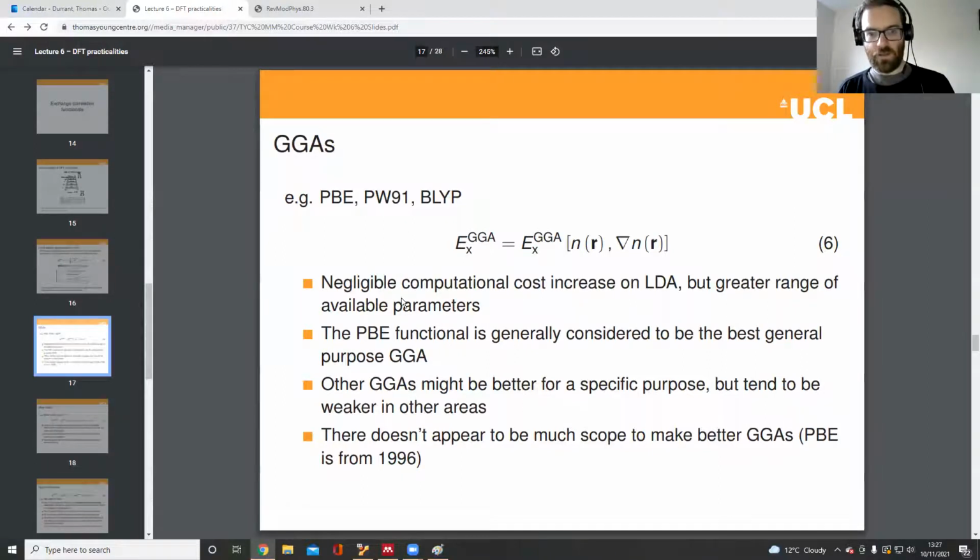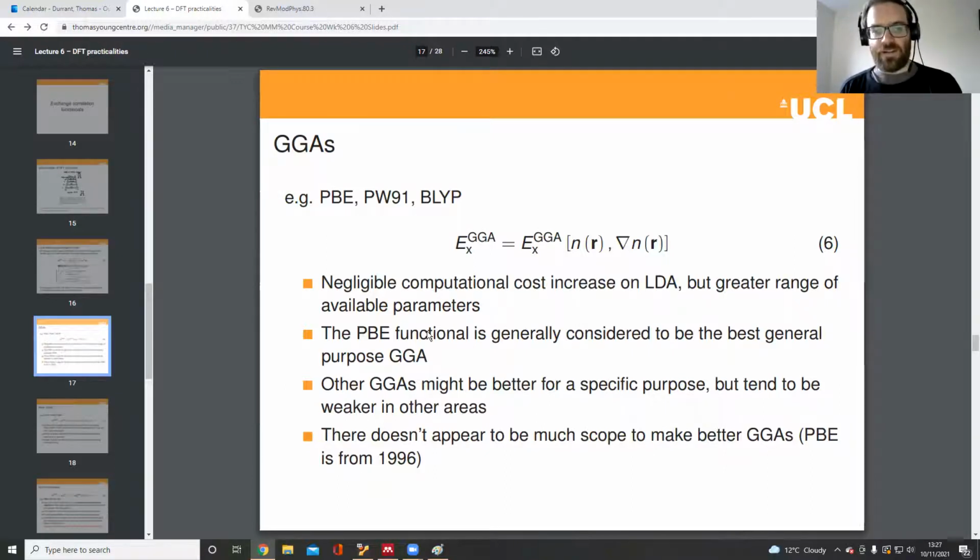People are generally quite happy with PBE these days. Well, happy might be the wrong word, but people generally think that it's not really possible to make PBE much better than it is in a general purpose way. So in terms of the different GGAs that are available, there are GGAs that are better at certain things, but it always comes at the cost of accuracy in other areas.